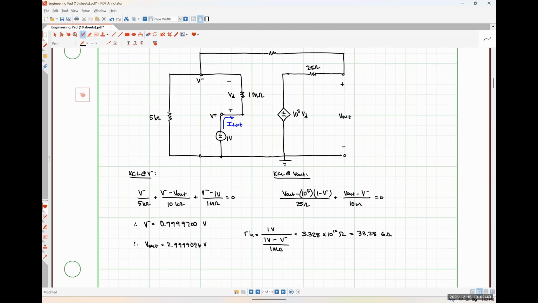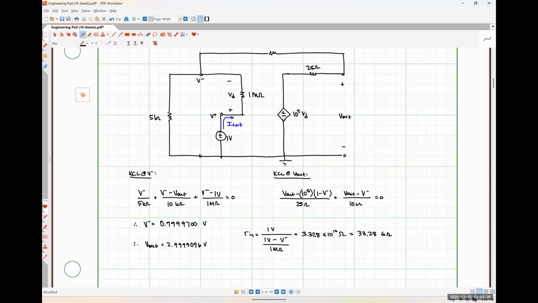So we have experienced an increase in system input resistance as compared to our op amp input resistance, right? So we started out with an op amp input resistance of 1 mega ohm, and we now have a system input resistance of 33.28 giga ohms. So that is a 3 million% increase, if my math is correct, in input resistance, right?